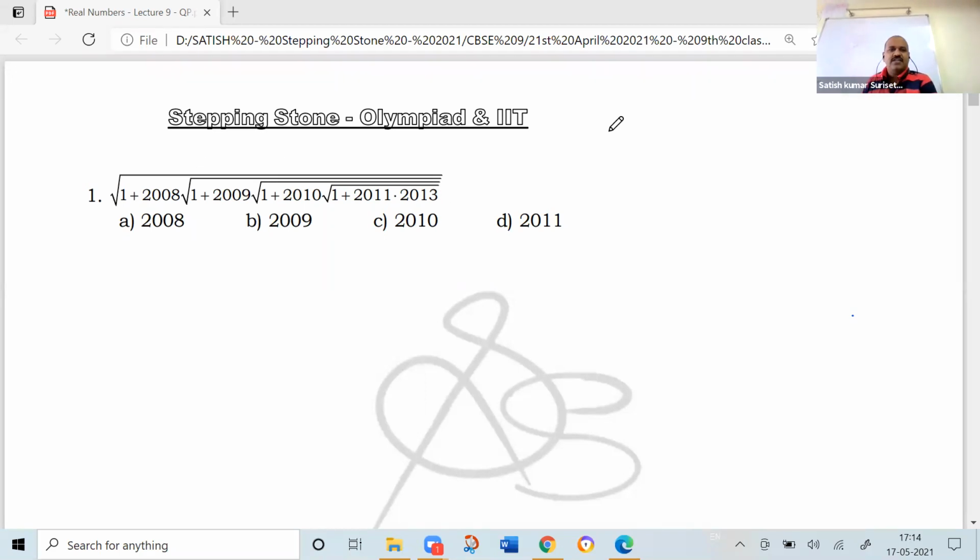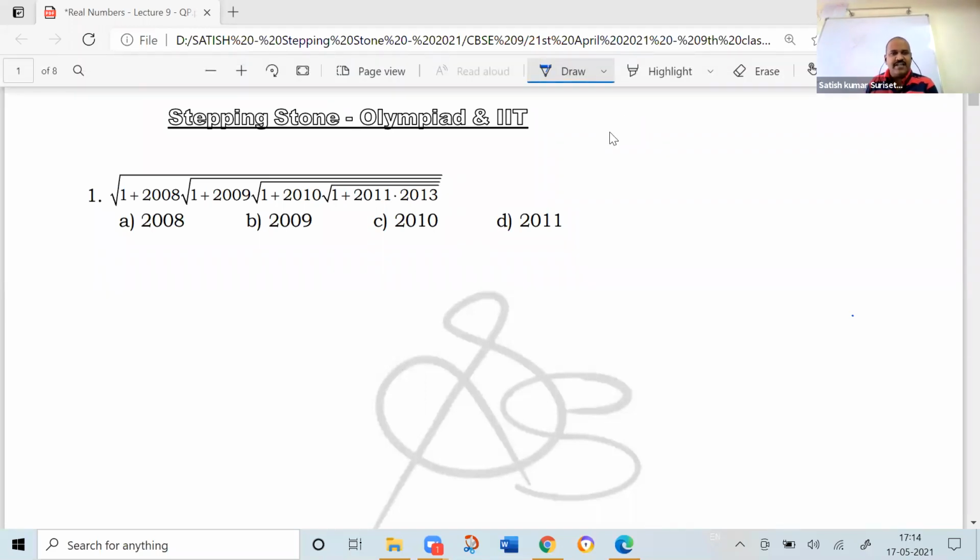So here we have to use one variable for any one of the numbers and express in terms of the variable and simplify.